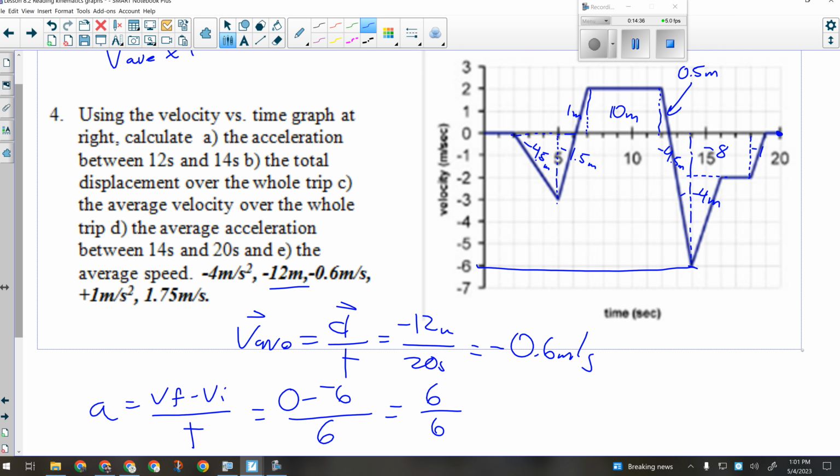And then the last part wants average speed. Now, again, you've done a lot of the work for that already. But what do you need to change about the work you did? Take out all the negatives. Average speed is total distance over total time. All these numbers you calculated are right. Take the negatives off, because distance only ever gets bigger.